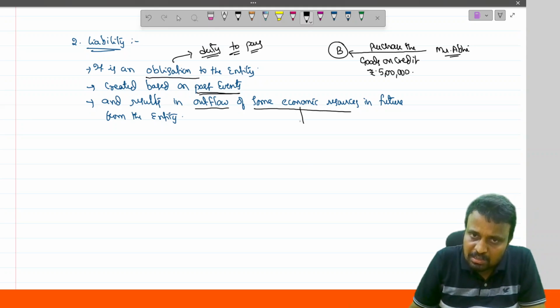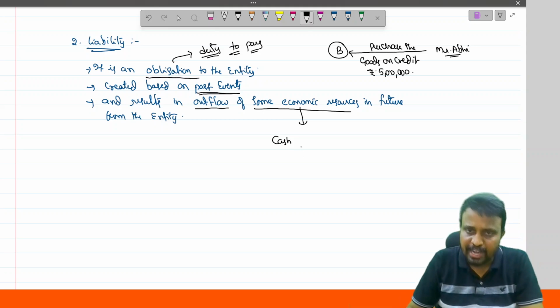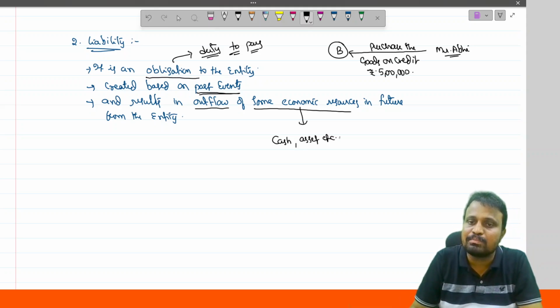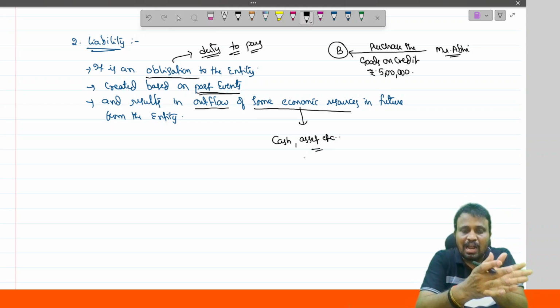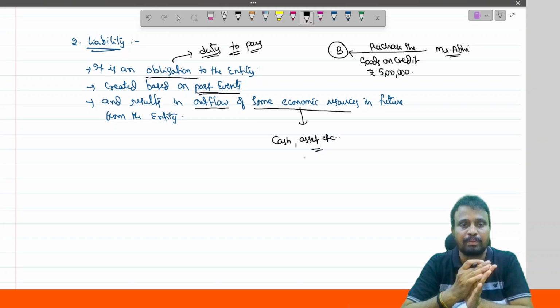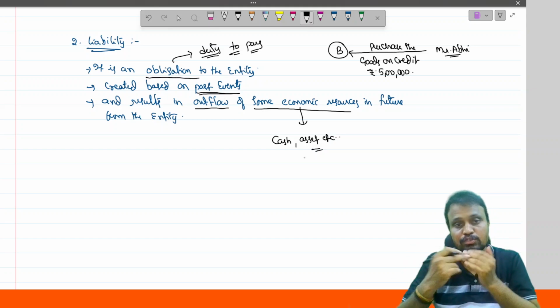Economic resources stand for what? You may pay in cash, or sometimes you may give another asset to the party for settlement.